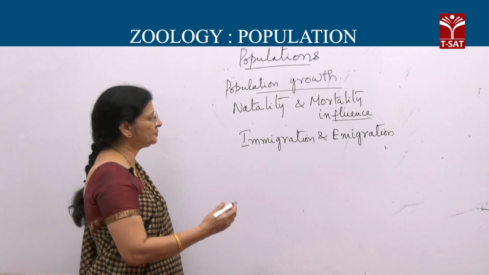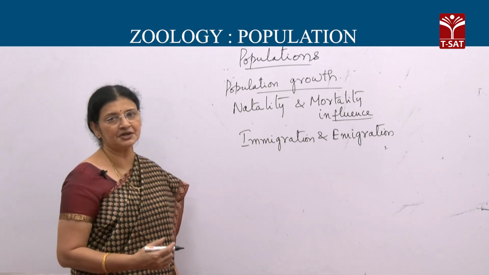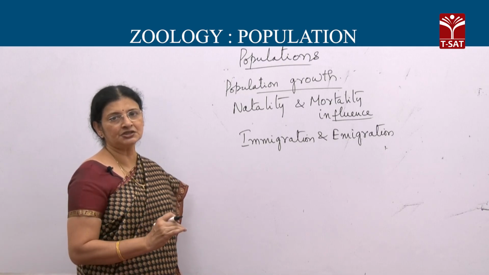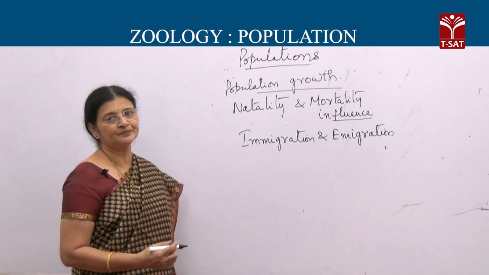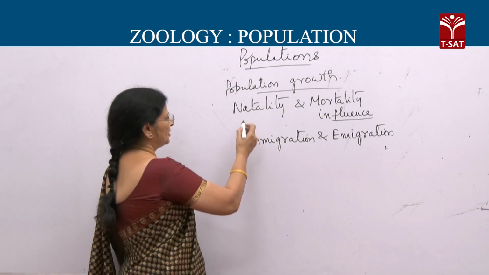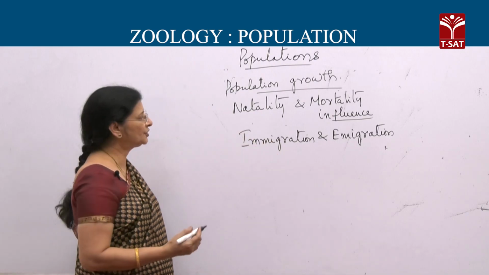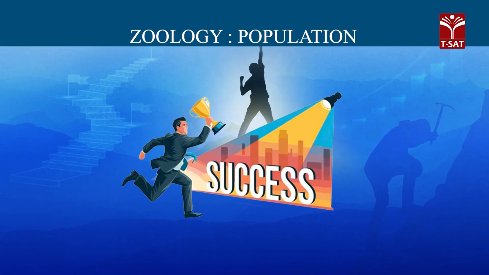Leaving that particular place and going permanently to another place is called emigration. If new individuals are entering into this population, it is called immigration. So we can easily say natality and immigration increase the population, mortality and emigration decrease the population.